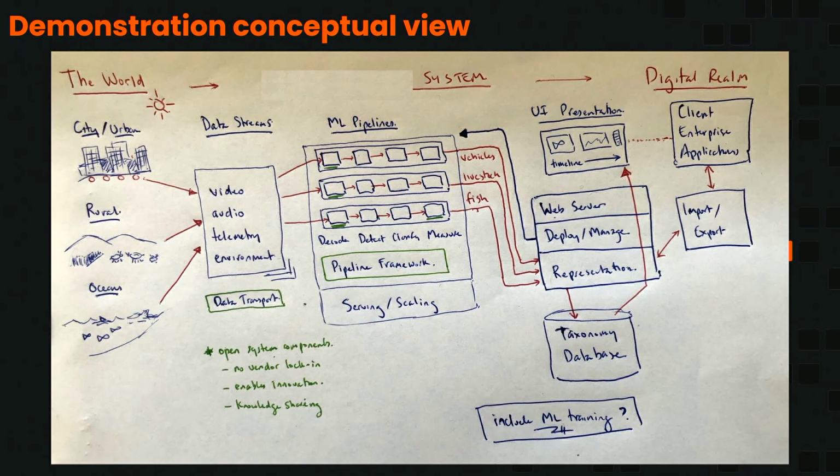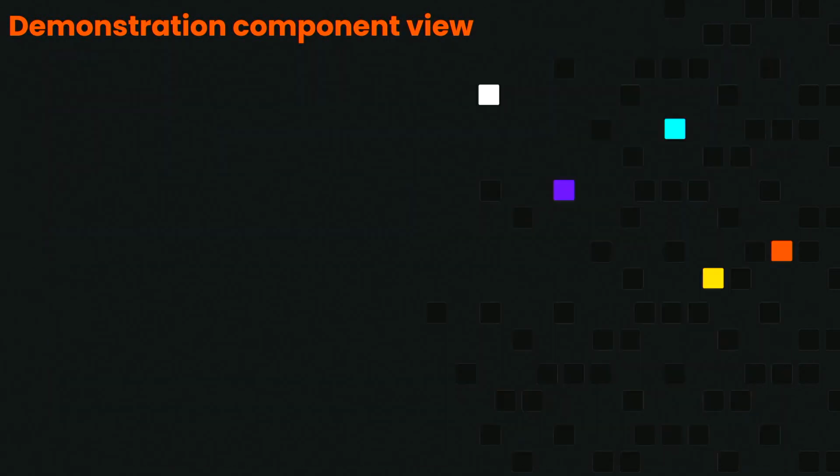Then we integrate to other people's enterprise systems, which they can make sense of the data themselves, and also use ontology or taxonomy to break down the relationships between the things you're seeing in the world. So that's what it's aiming to do.